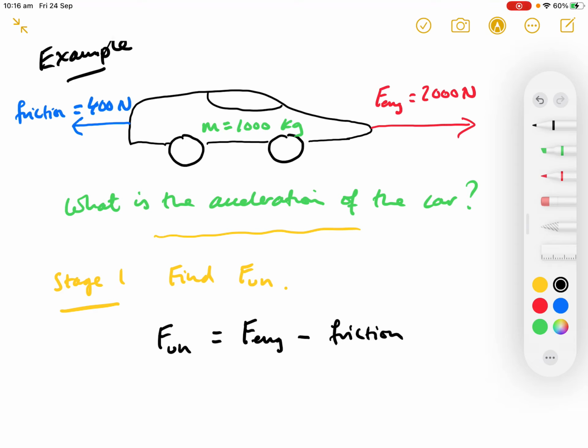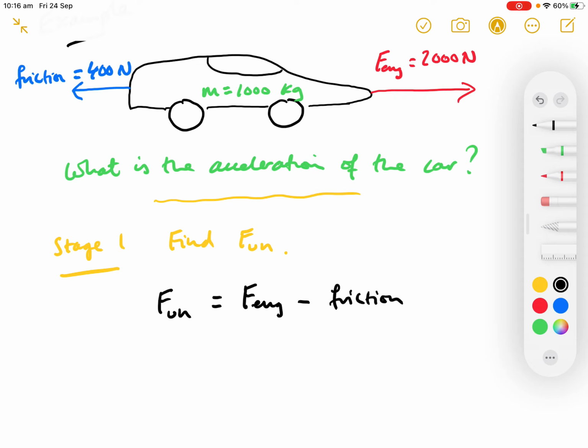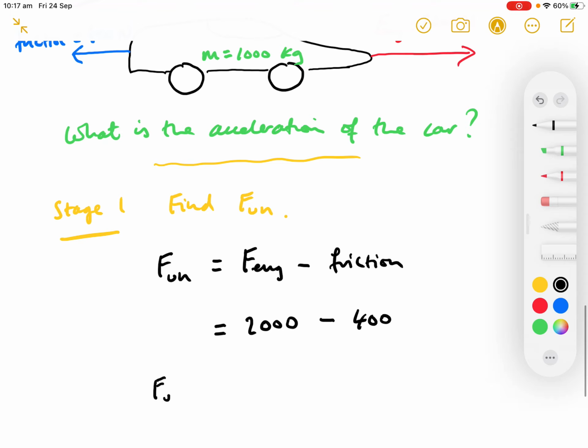Now in problems like this, you don't generally need to apply the sign convention. You can if you want, but it's generally not required because the body's usually only moving in one direction. The engine force is always to the right and the friction is always to the left, so it's kind of obvious where the car is going. So we then have 2,000 newtons to the right, take away 400 to the left.